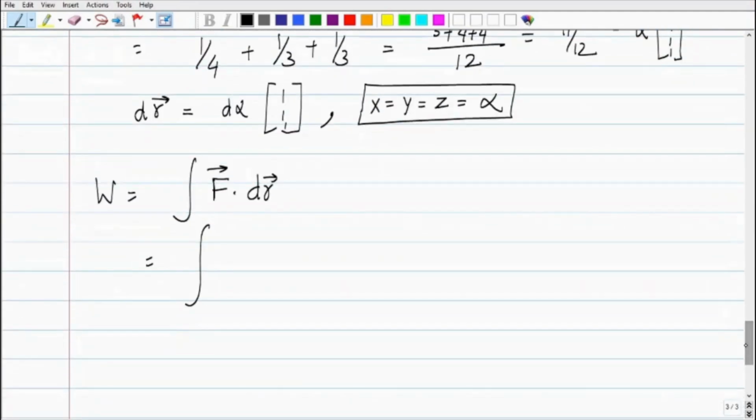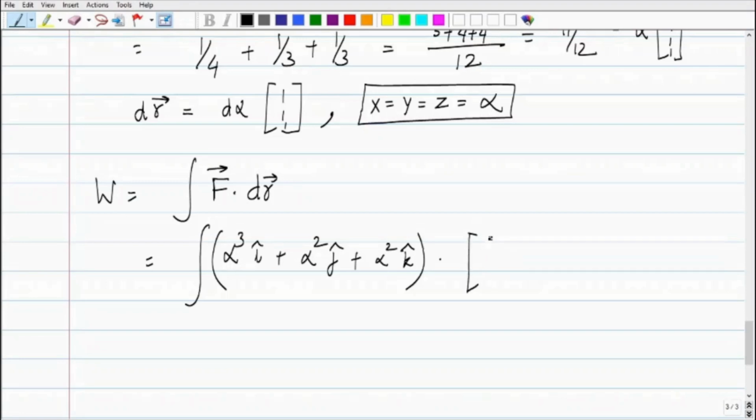Since x, y, z all are alpha along this line, it becomes alpha cubed i plus alpha squared j plus alpha squared k. And then we dot with d alpha times 1, 1, 1. The variable of integration here is now alpha, which has to go from 0 to 1.